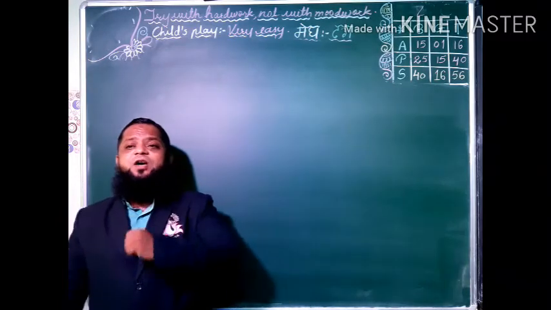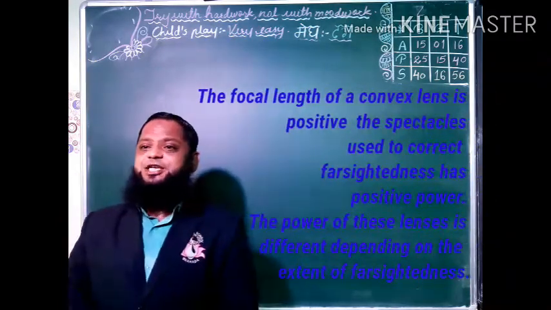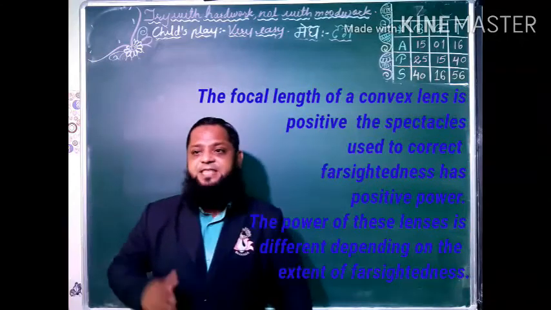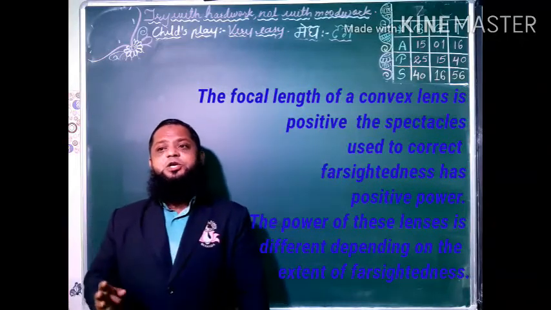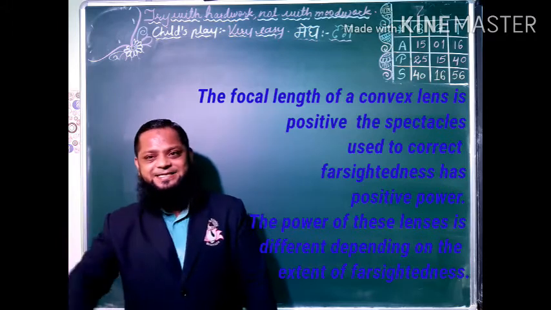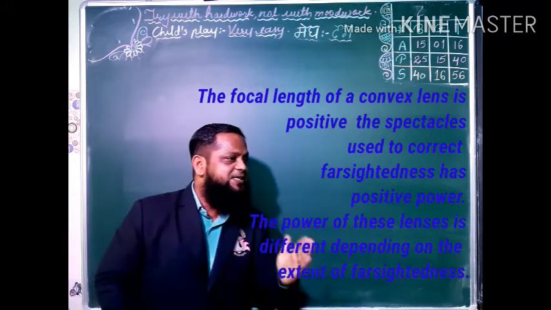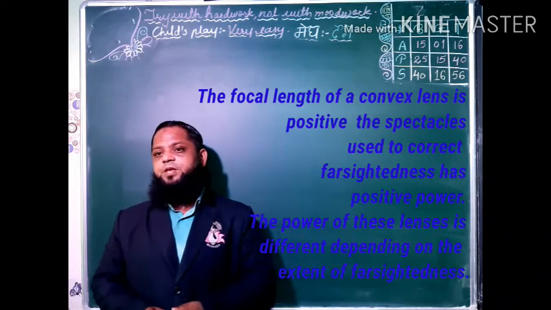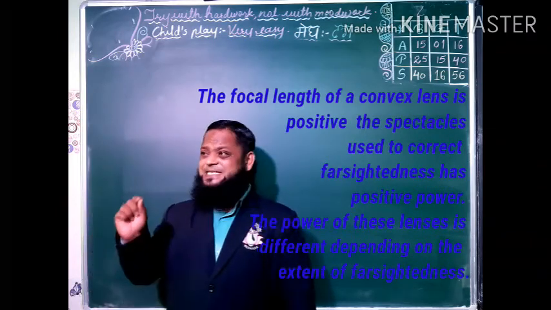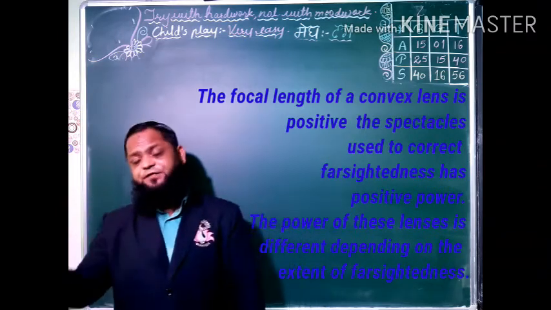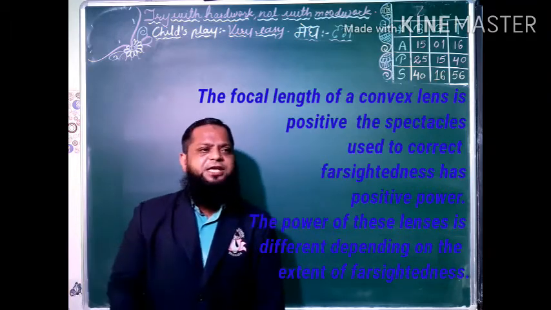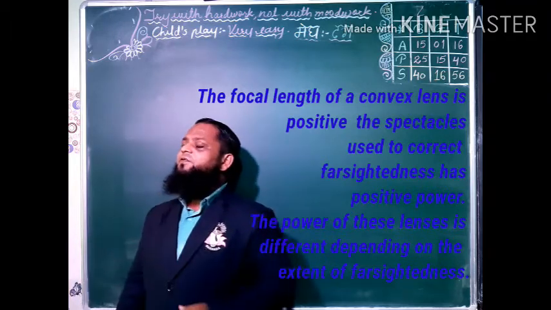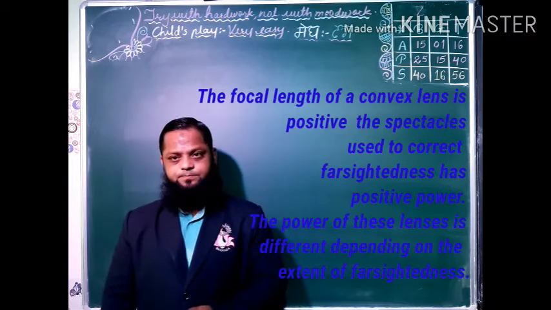The focal length of a convex lens is positive. Thus, the spectacles used to correct farsightedness have positive power. The power of these lenses is different depending on the extent of farsightedness.